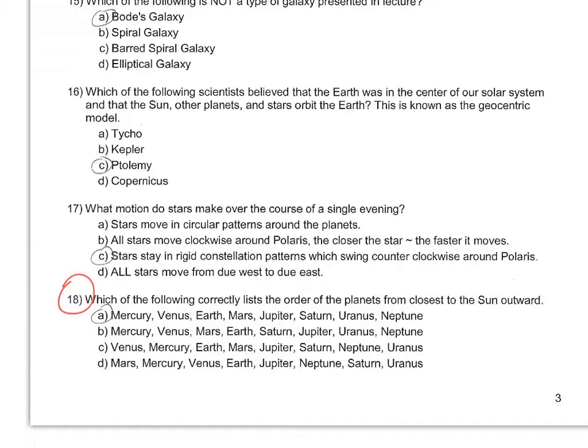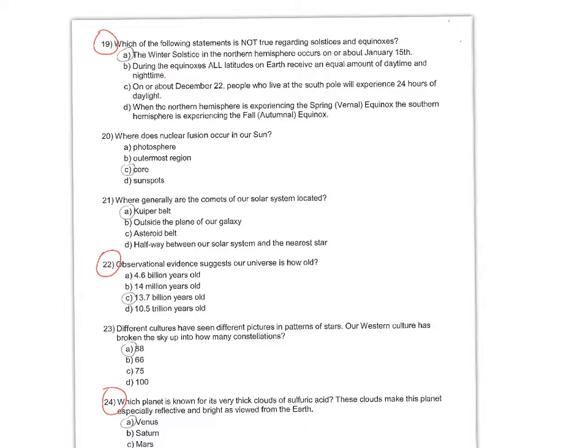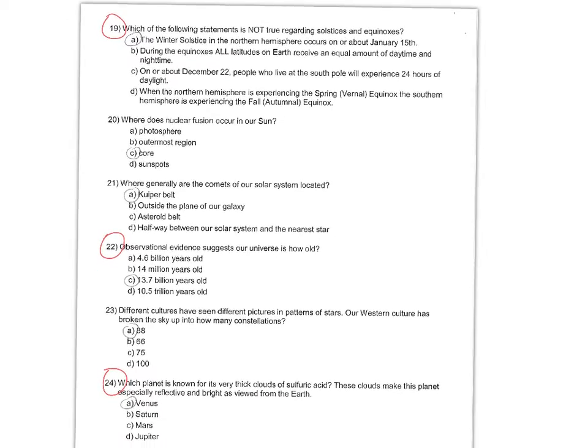Everyone loves that question, right? List the planets in order from the sun outward. Question 18. The top of the next page, we're looking at question 19, and then on that same page, questions 22 or 24, all possibilities.